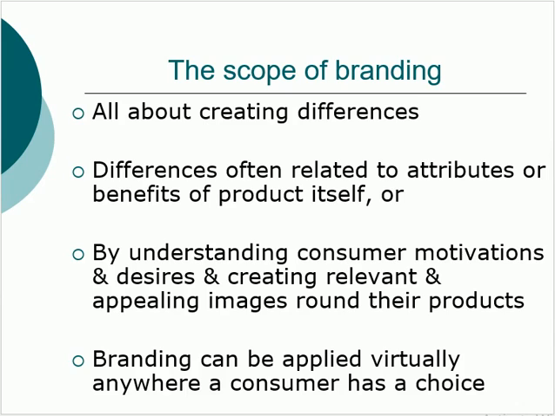If we compare products from different brands, for example, take shoes, Adidas and Puma. Puma comes across as stylish, while Adidas goes with sports. The third point is understanding consumer motivations and desires and creating relevant and appealing images around their products. This differs based on the consumer's intake.